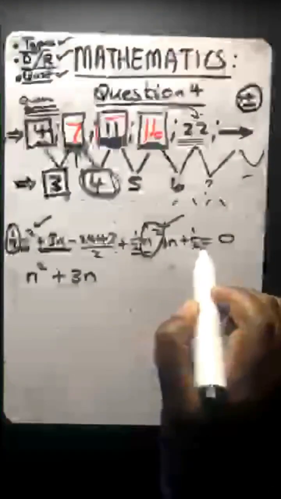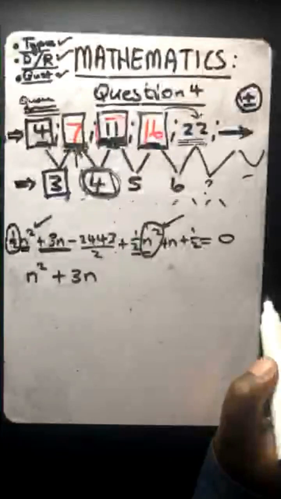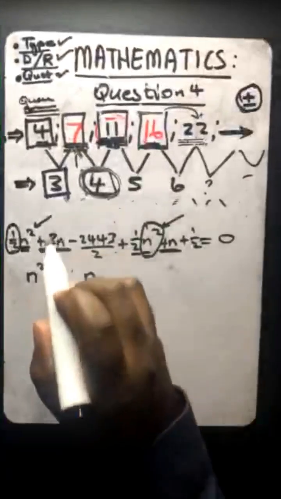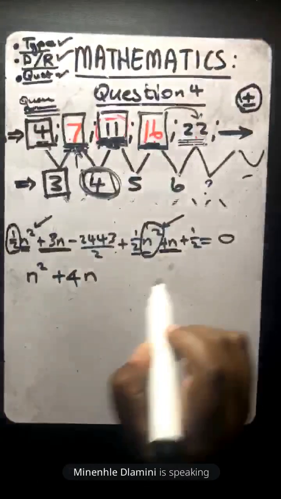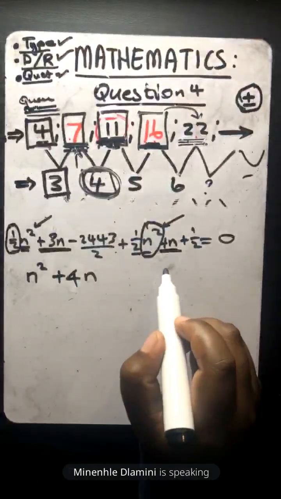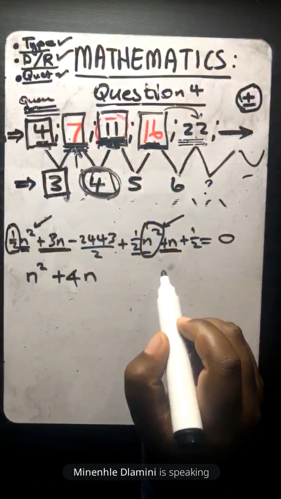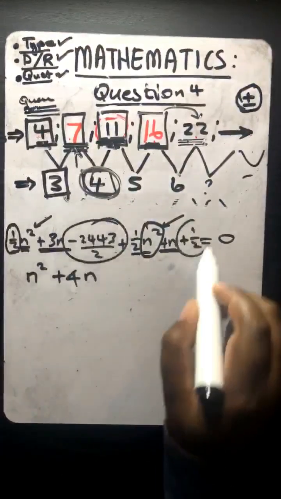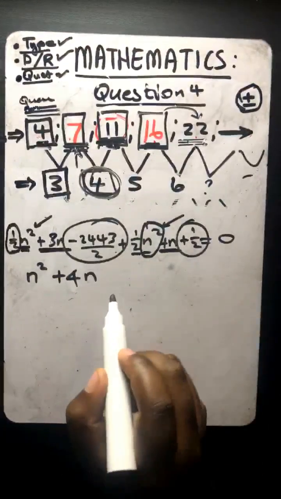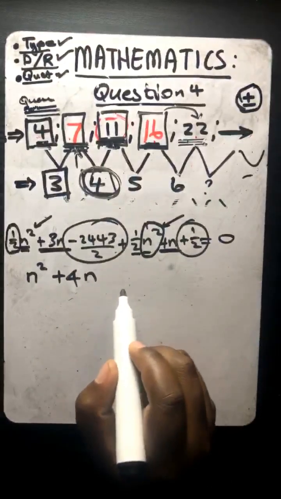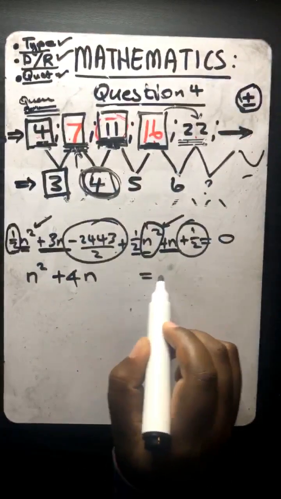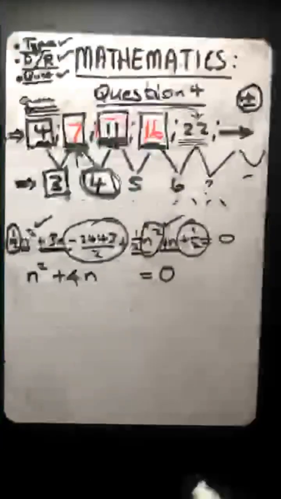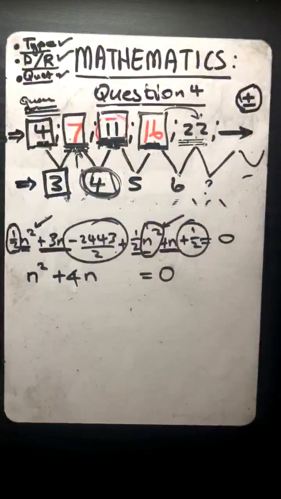So that means the 4n comes from there. Yes, you see it now. And then that and that gives you that number. Remember to punch in negative that and then plus a half, then it gives you that number.